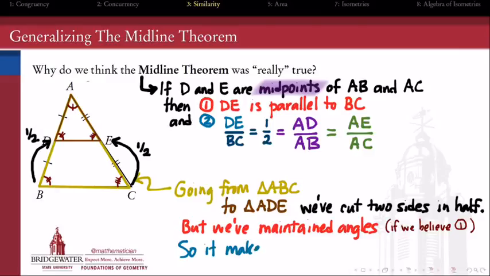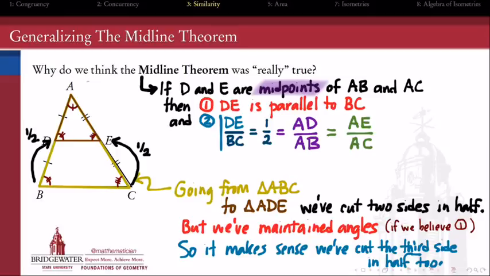And so maybe it's not surprising that the net result is we end up cutting the third side in half as well, so that DE is half the length of BC.